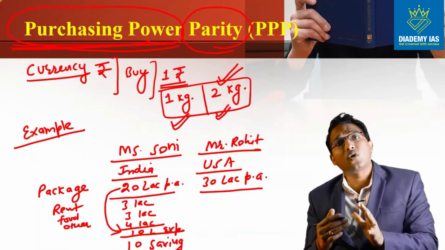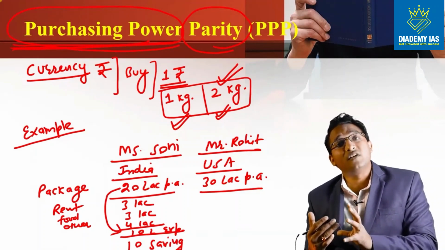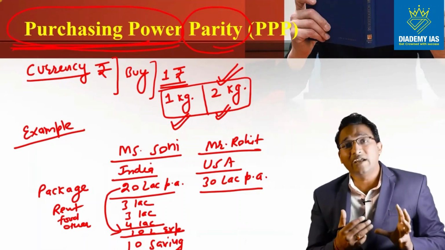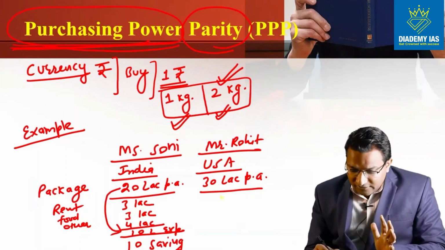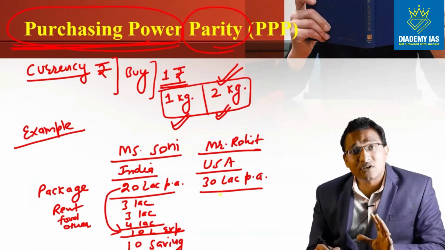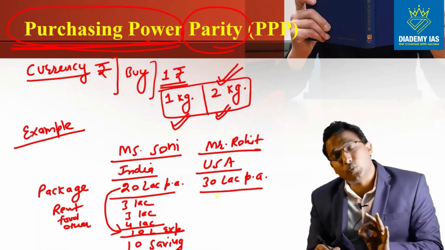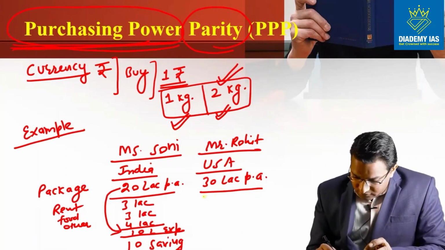In USA, the rent per month will be more than the rent in India, right? So in USA, Mr. Rohit has to spend 6 lakh rupees for the same 2 BHK.